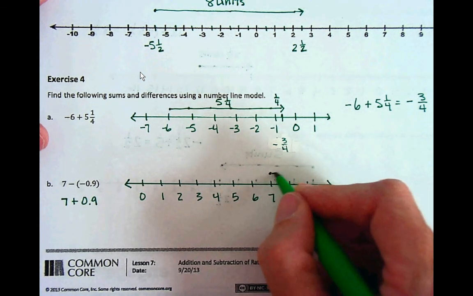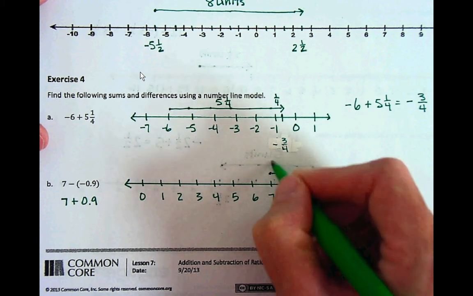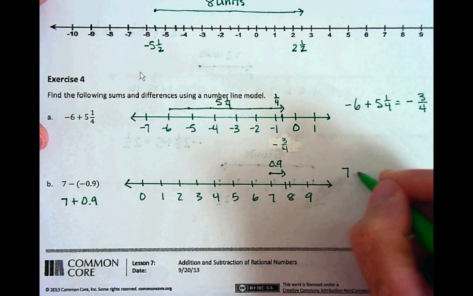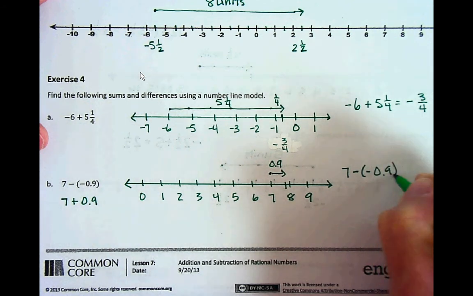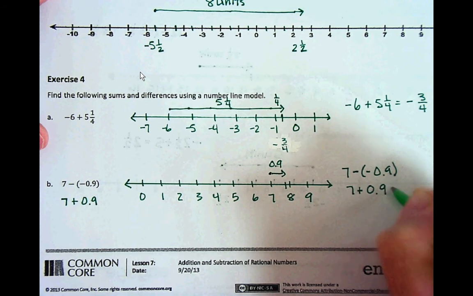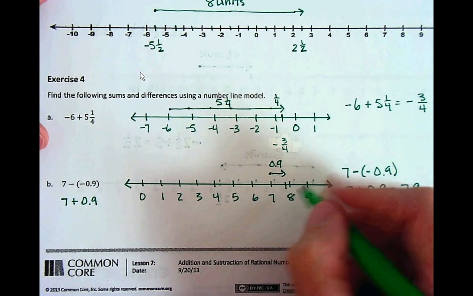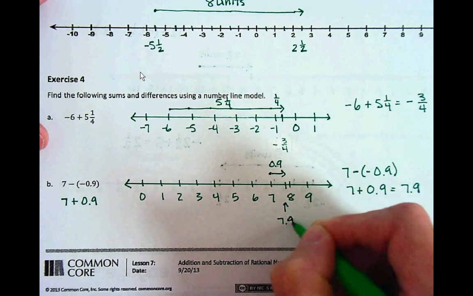Well, if I'm adding 9/10, that's going to take me to about right here, 0.9. So in essence, I have 7 minus a minus 0.9 is the same as 7 plus 0.9, and so my answer is 7 and 9/10. So right here, this arrow is 7.9.